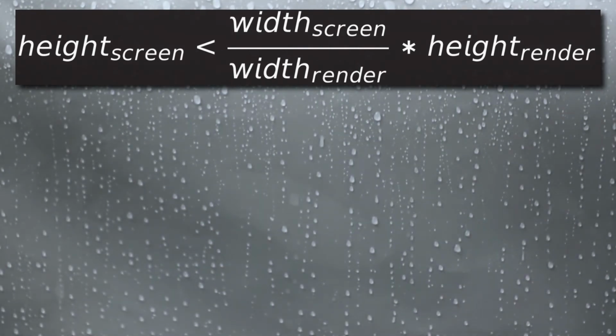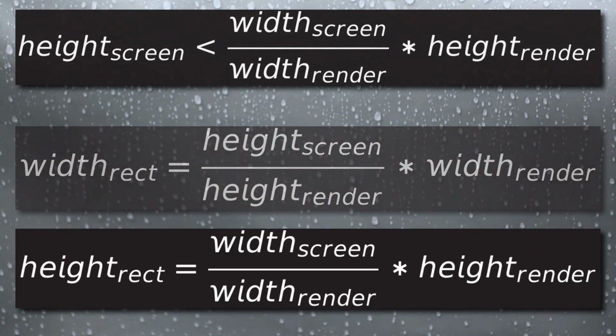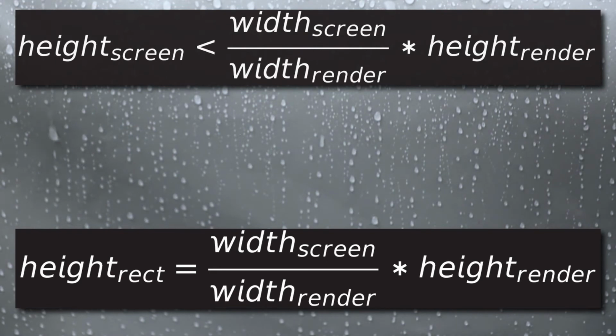If it is, we can't fit our drawing on the screen if we use width as our determining factor, so we figure out our new width to draw on. We do that by taking our screen height, dividing it by our height, and multiplying it by our drawing's width. If it happened to be smaller, we instead do this to the height. This will give us the largest rectangle that we can fit our aspect ratio in this screen size.